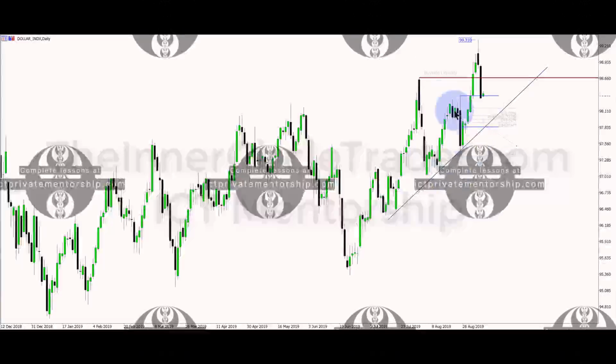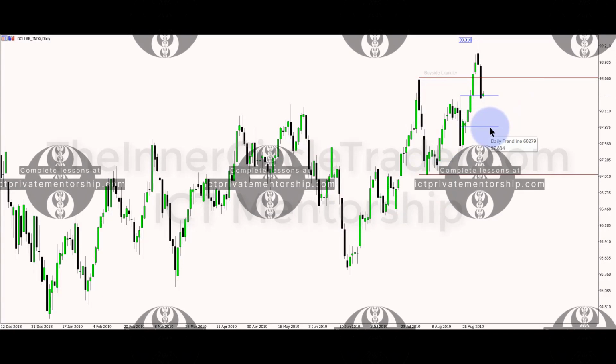So if we look at that from a liquidity standpoint, sell side liquidity rests below these lows here. So forget that line, we don't need that.